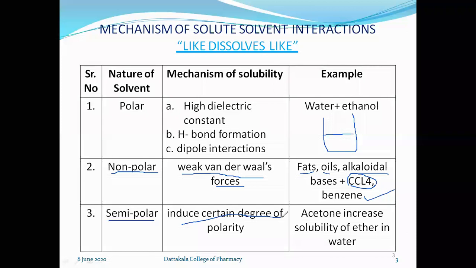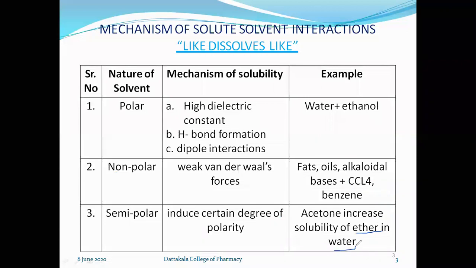If you see in this example, acetone increases the solubility of ether in water. What are you going to do here? We are going to dissolve ether in water. Acetone is the third agent. So what is the role of acetone here? This acetone is increasing the polarity of ether and water.